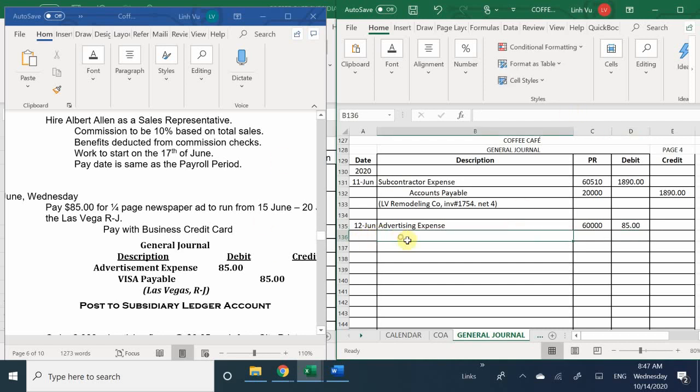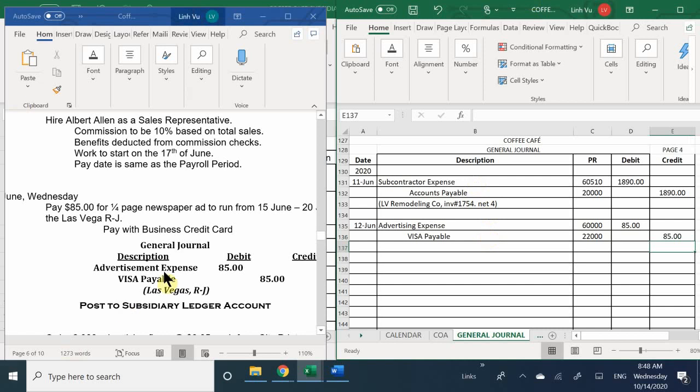Because this is our first time using our Visa payable, we're going to type in Visa payable, 22,000. And it's going to be credited for $85 because now by us tapping into our credit card, we're going to owe more money.